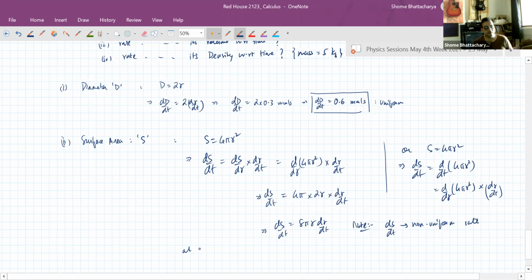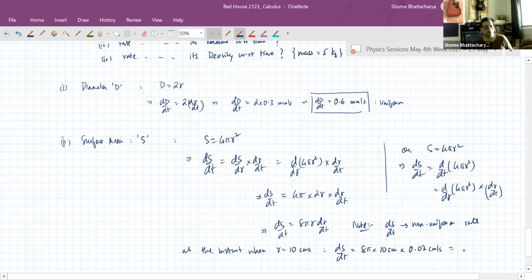So at the instant when r is equal to 10 centimeters, the instantaneous rate of change of surface area will become 8 pi into 10 centimeters into, now I'll convert this and write this as 0.03 centimeters per second, so that I get my answer in centimeters square per second.